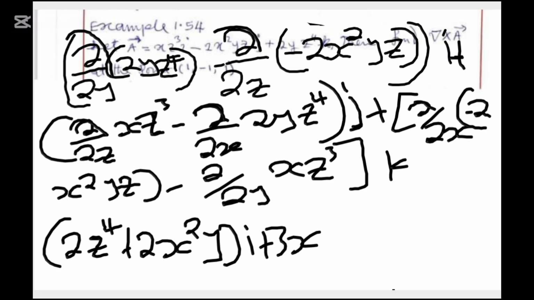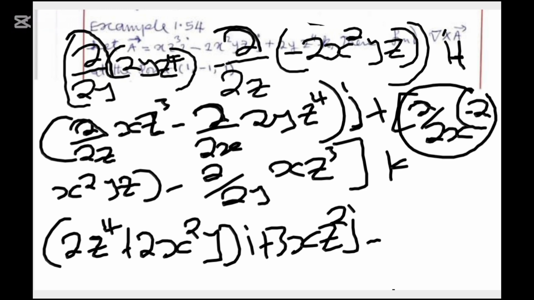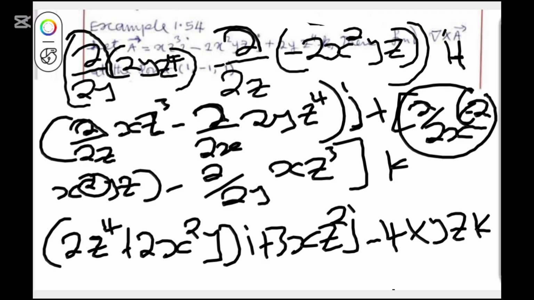If I differentiate this, I'll get 3x squared, and the rest will be 0. So I'll have only j minus, for the value of z, if I differentiate this with respect to x, the 2 should multiply this 2, so I'll have -4, then I'm left with only x. Then I'll have y and z for k.